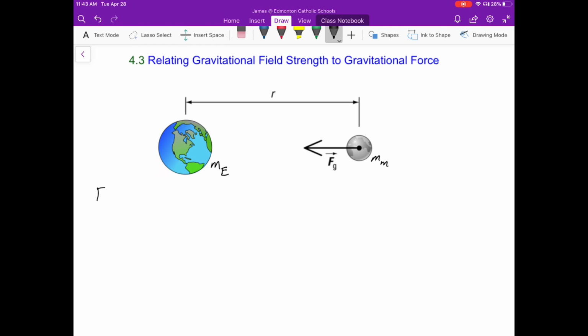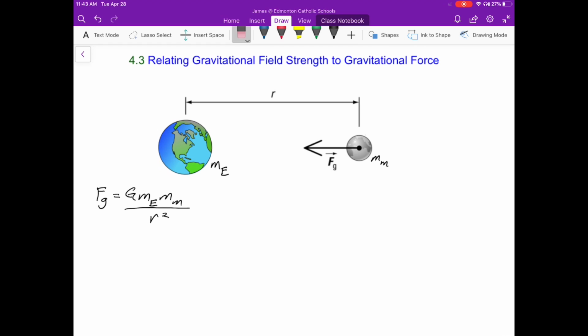So we can express the gravitational force between these 2 masses using Newton's law of universal gravitation. No problem. Okay, so the Earth and the moon are attracted to each other. The moon experiences a gravitational force that pulls it towards the Earth.